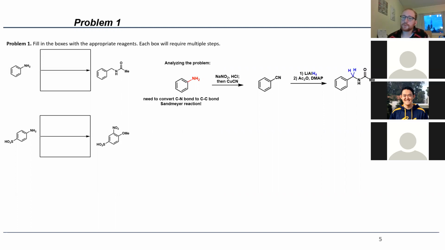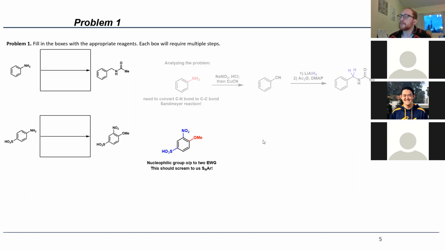Okay, so the second problem here is perhaps a little trickier, and so when we're thinking about this, we look at the product and we can start thinking about some of the chemistry that we talked about earlier today in the nucleophilic aromatic substitution chemistry.